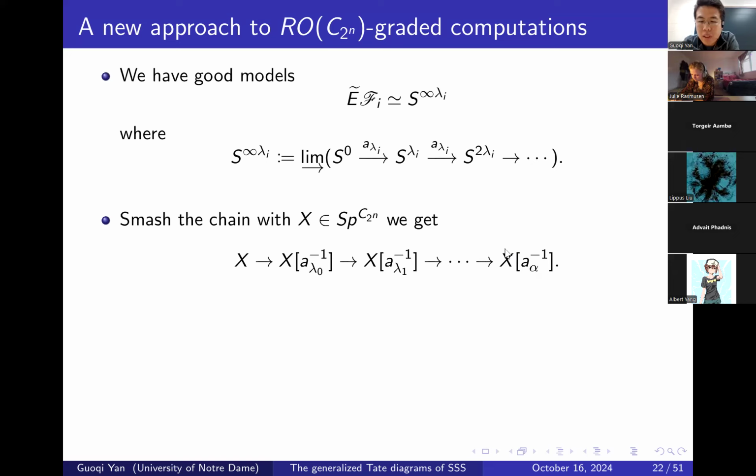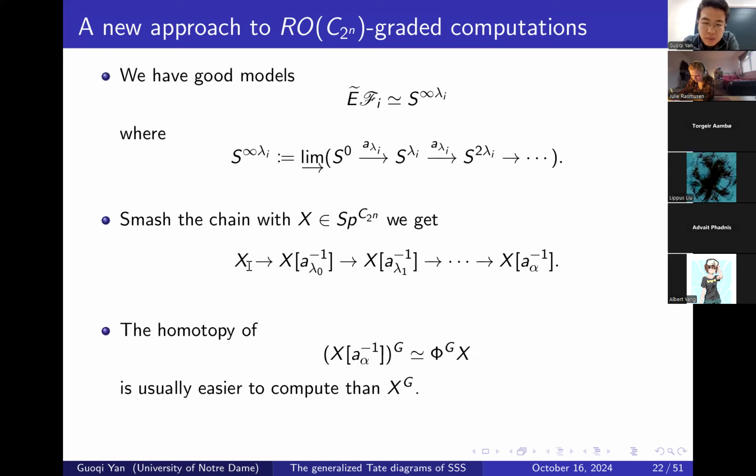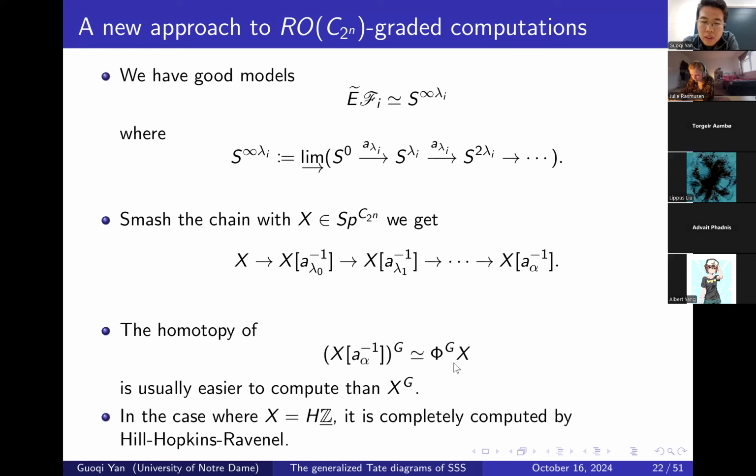We can start from the easier one and do some backward induction. We start from X with a_alpha inverted, and then delocalize one step at a time until we arrive at X itself. The fixed point of X with a_alpha inverted is the geometric fixed point.